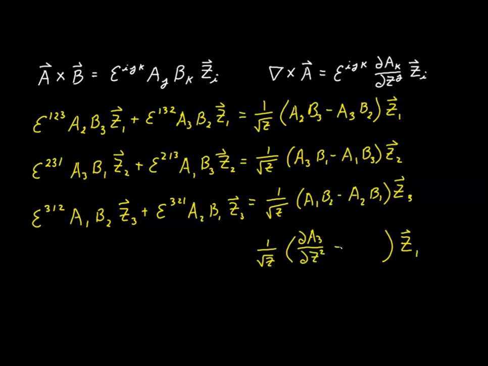And then the second half of this is just the inversion, a2 with respect to z3. And that's going to be the first component of the curl when we work it out. And then we can use the permutation technique I showed you here to find all of the other components. So what we have is a pattern that we could use as we go through each of our coordinate systems.